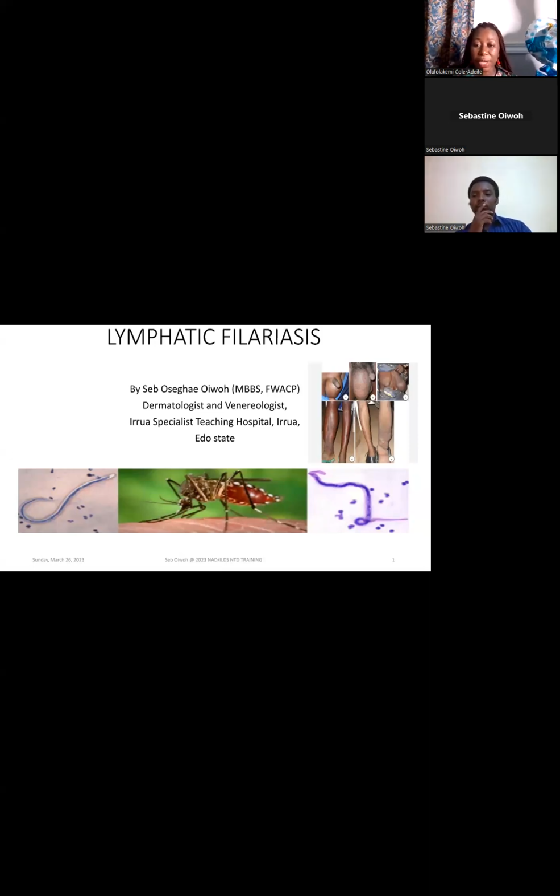But what we want to achieve is diagnosis and treatment as early as possible, and to initiate treatment as quickly as possible so as to reduce the disability associated with this neglected tropical disease. There are also so many other paradigms to lymphatic filariasis, which Dr. Sebastian Oiwo is going to be discussing this evening.